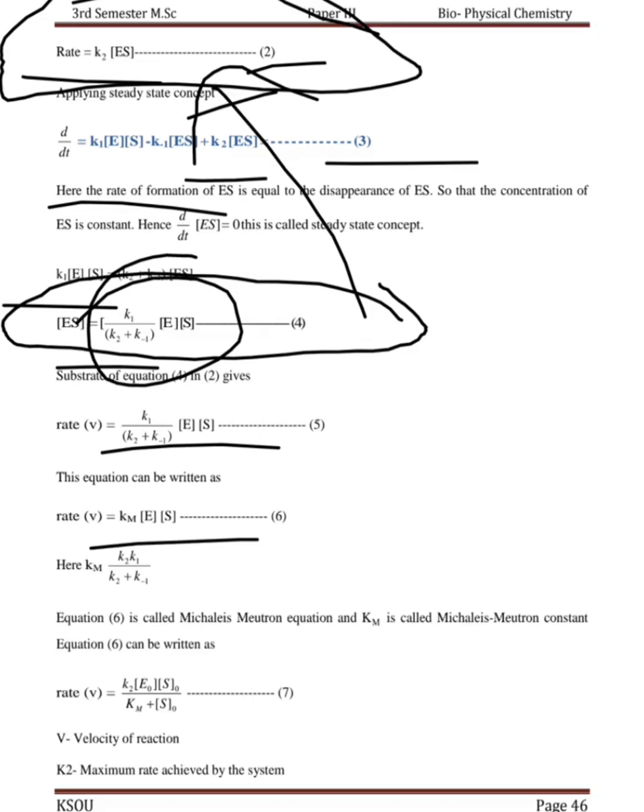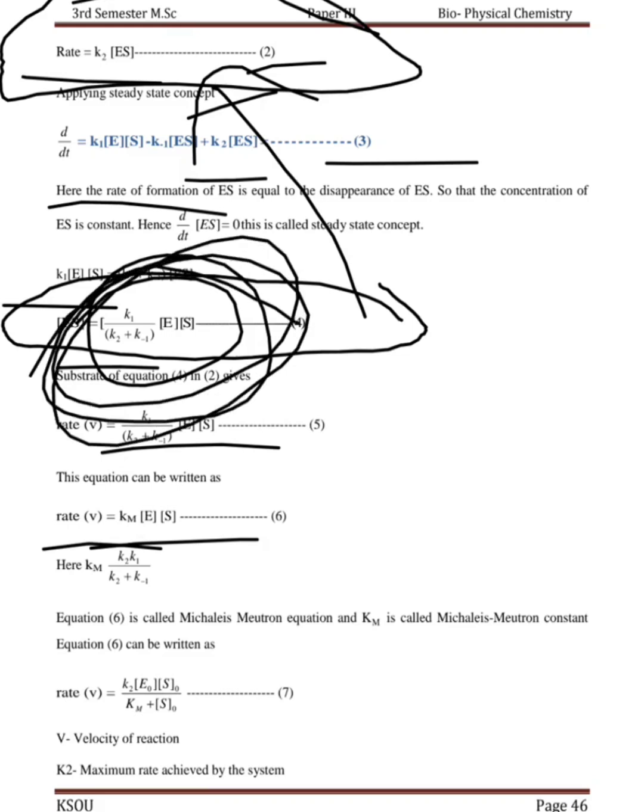So Michaelis constant, what are you going to calculate? Km is equal to E, the enzyme, and S. This is the ES, so that one you are going to insert in equation 6. Then you are going to get Km is equal to K2 into K1 by K2 plus K minus 1.